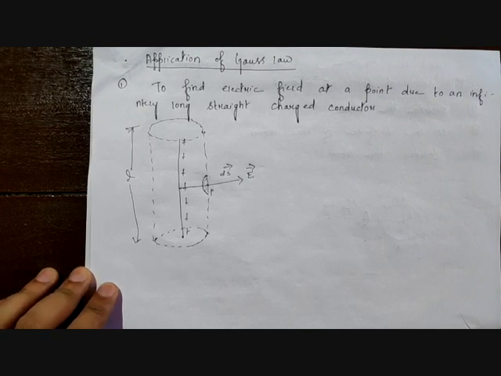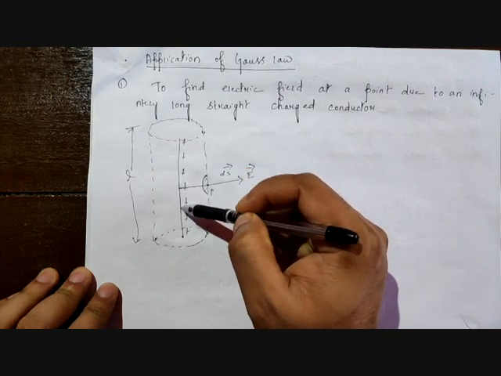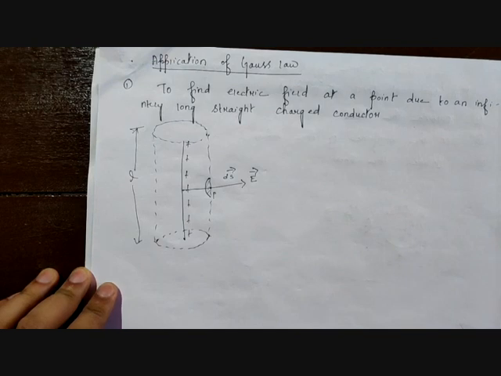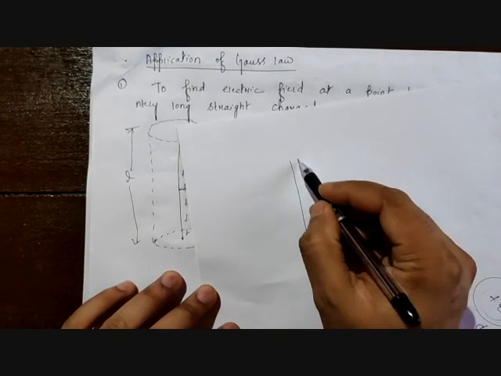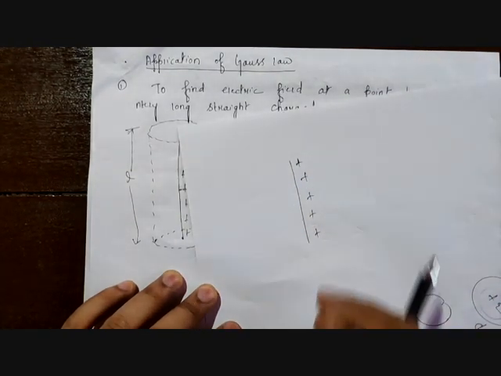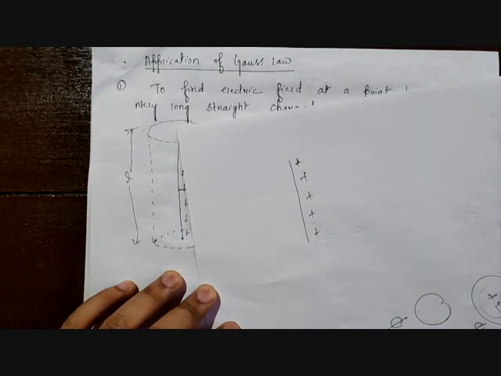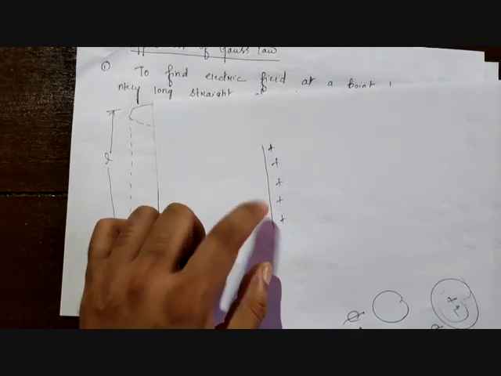This is one long rod, and it has positive charge. Obviously, positive charge will give an electric field on this side, this side, this side. But we need to apply Gauss law here, right?